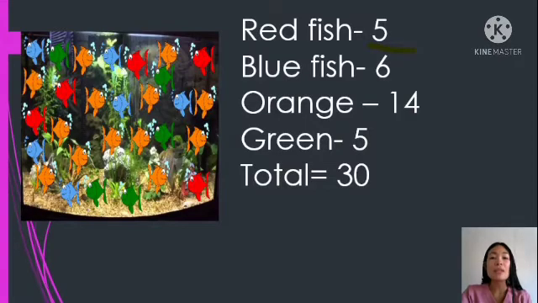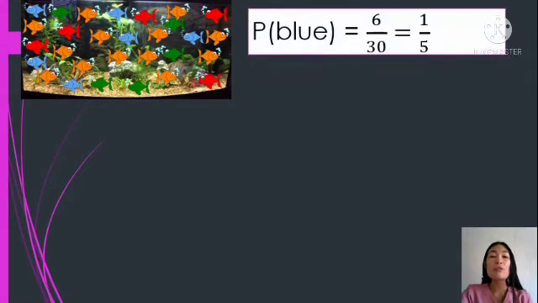Okay, so in order to find the probability of blue fish, we have to use this formula. Probability of blue equals 6 over 30. Why 6?